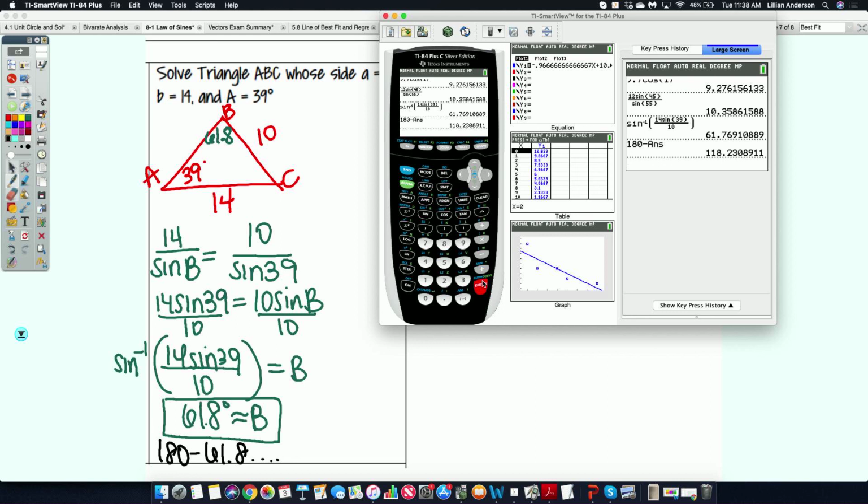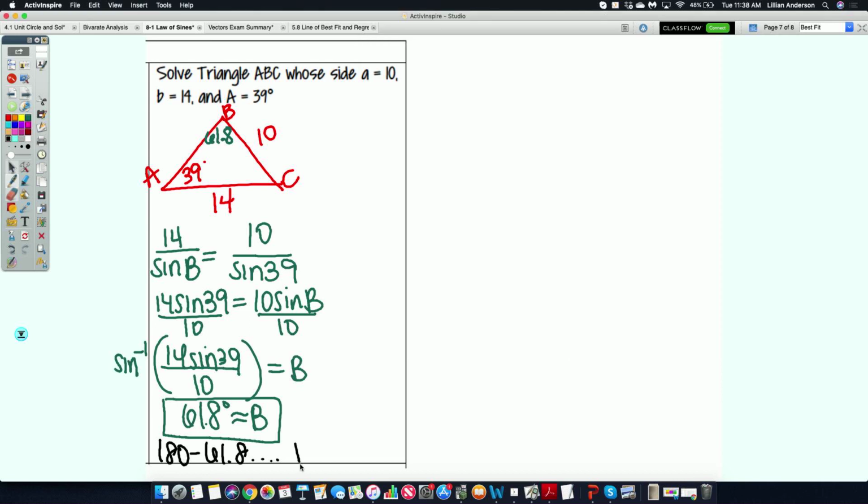Did everybody get this? Okay. So rounding to three significant figures, that would be about 118. Okay? 118, if this is indeed two triangles, which I know it is because, again, my little trick, one side is smaller than the other one.